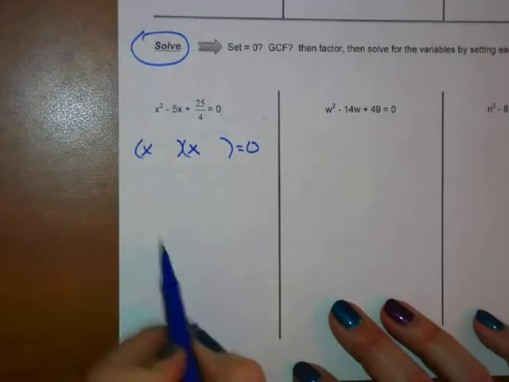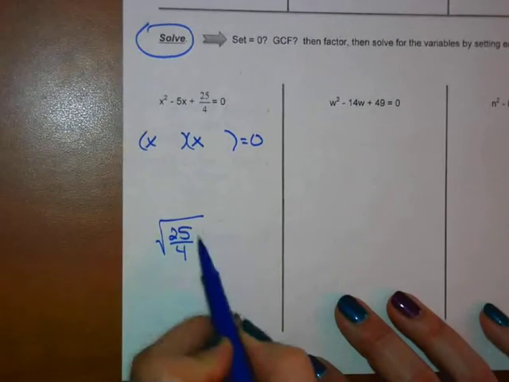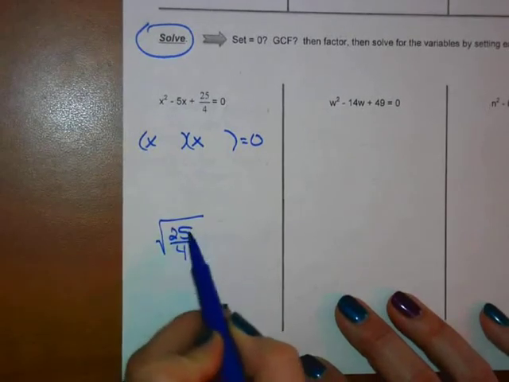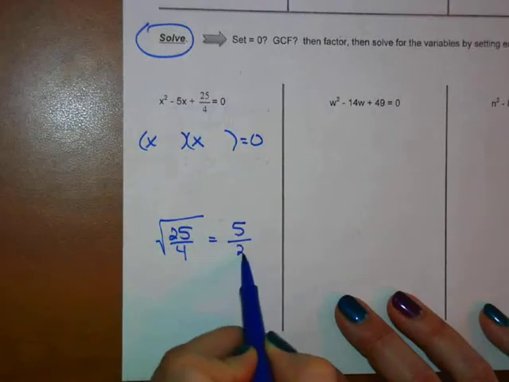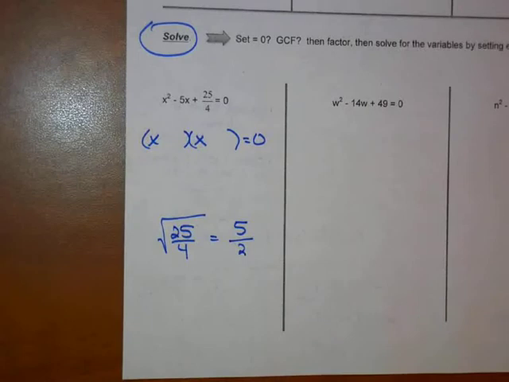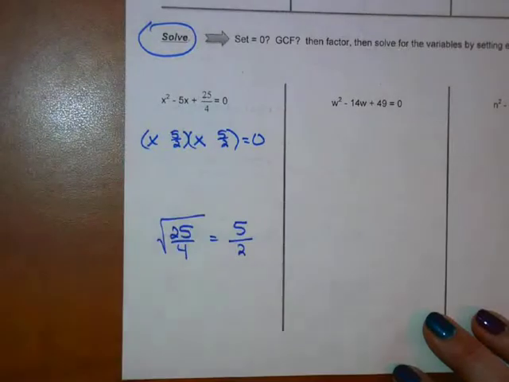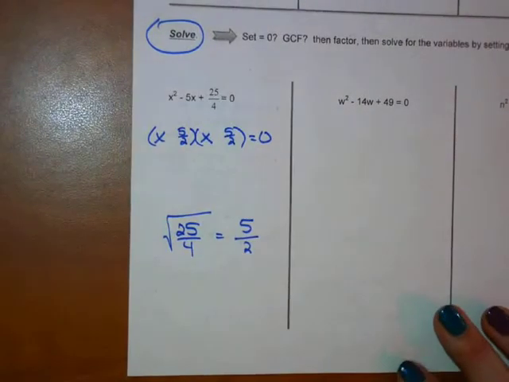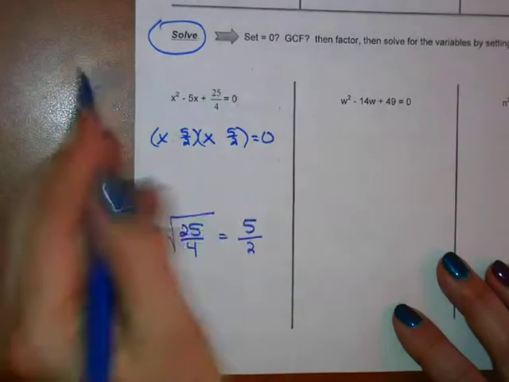Now, I'm going to go down here and say, okay, if I have 25 over 4 and I take the square root of that, what is the square root of 25? 5. What's the square root of 4? There you go. That's the square root of 25 over 4. So I put that in my binomials. What is it, plus plus or minus? Yes, because it's minus plus minus.